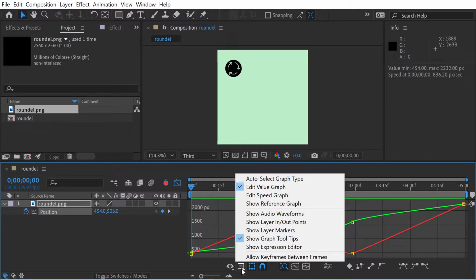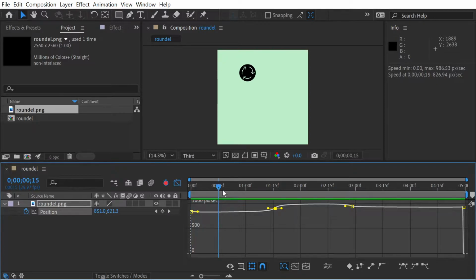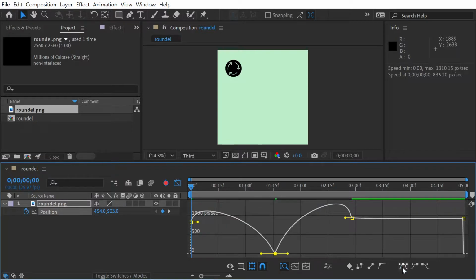Okay, so if we go to the speed graph, this is showing you the speed, right? So the speed is pretty consistent, as you might expect. But look what happens if you press easy ease. If you press easy ease, on Beziers, on linears, because I didn't swap those over, it'll always go to 0. That's what it means to easy ease.